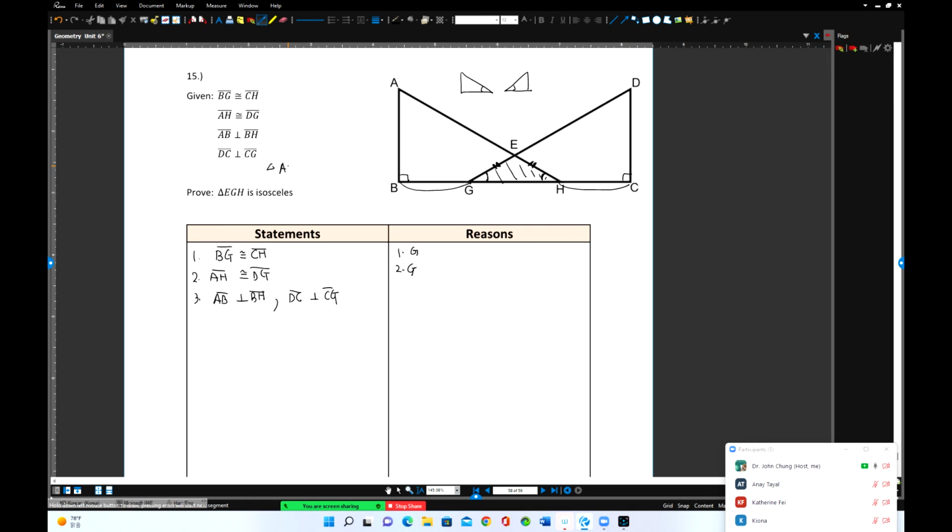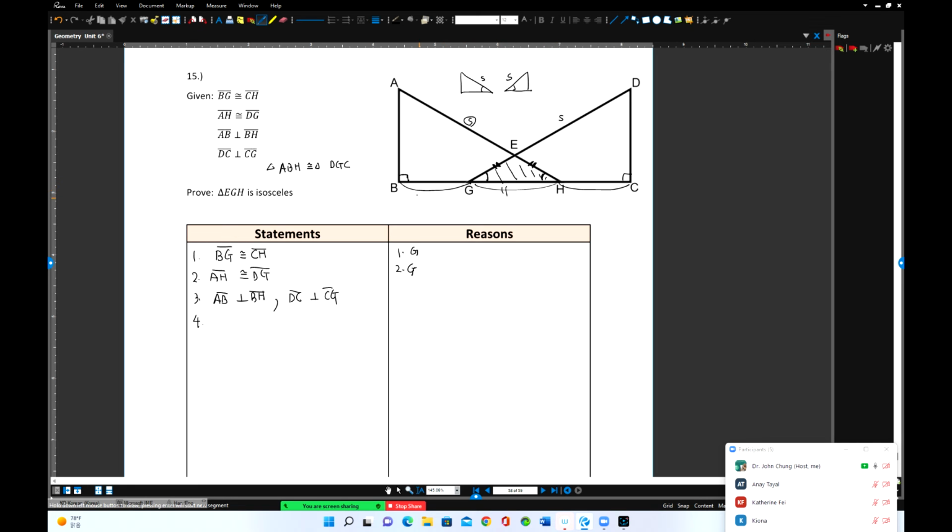Anyway, we're going to prove triangle ABH congruent to triangle DGC. First, AH already got one side, hypotenuse or side, we don't know. But this is a right angle. From here, this is reflexive.